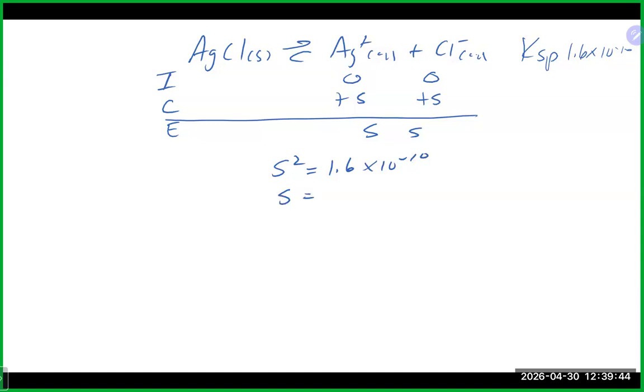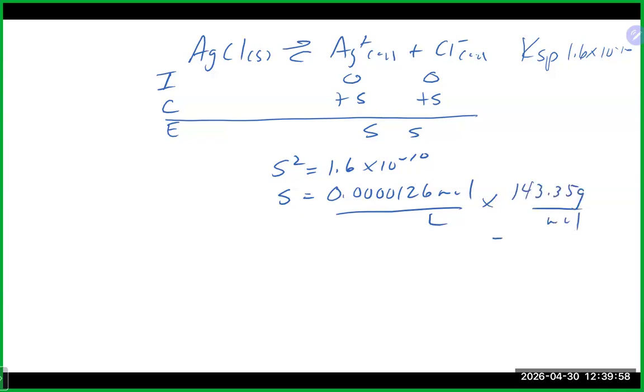Just to refresh our memory of what we got there earlier in water was 0.0000126 moles per liter times 143.35 grams per mole. That got us 0.0018 grams per liter.